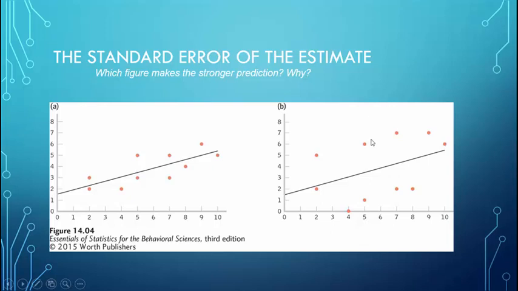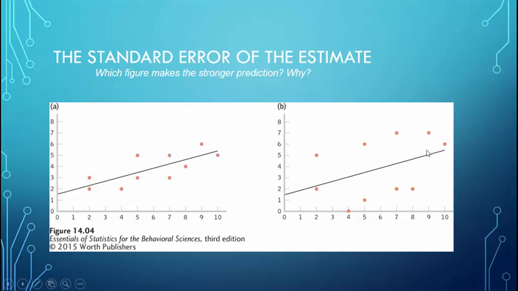In which case do you think standard error is smaller? Or which one makes the stronger prediction? Which line is a better, more accurate prediction? Hopefully you're going to see that it's this A. This has the better prediction because the data points are more closely clustered around this line. There's less error. There's less standard error of the estimate.